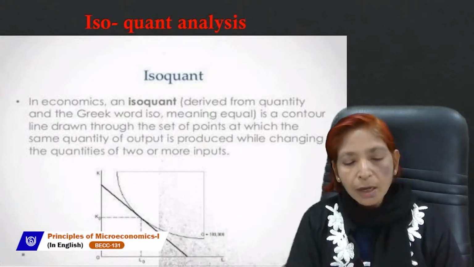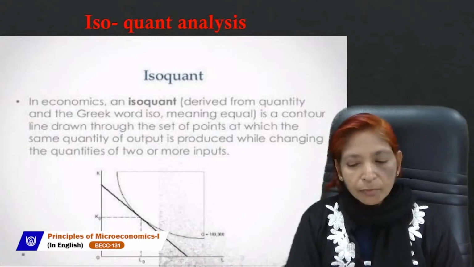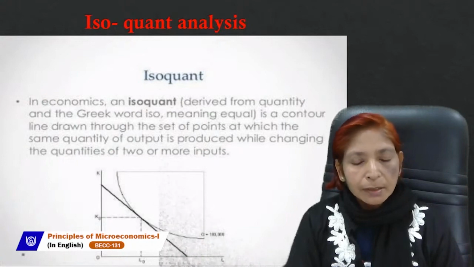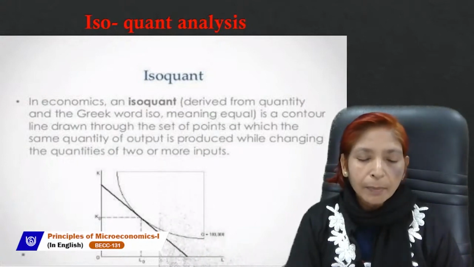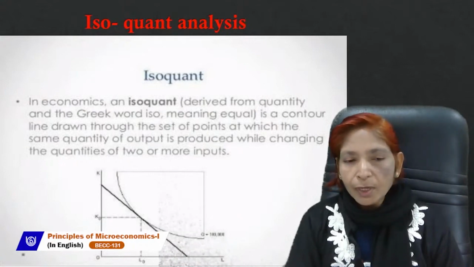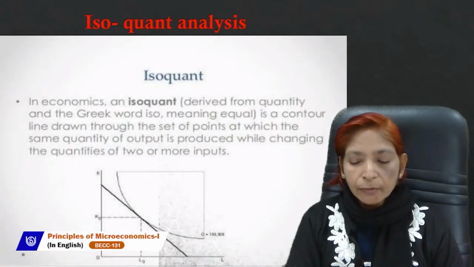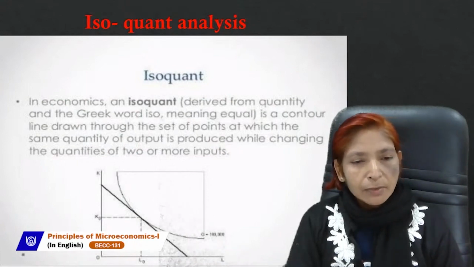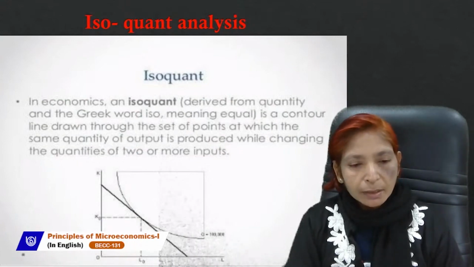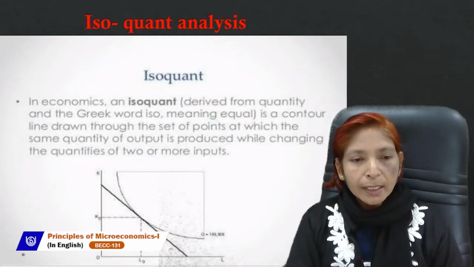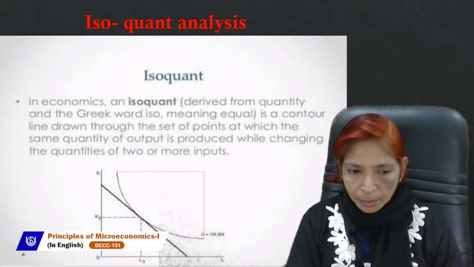Isoquant curve is a downward sloping curve always, which is convex to the origin, and on x-axis we always take labor and on y-axis we always take capital. And when we employ different combinations of labor and capital, and if we join all these points, then we get isoquant curve, which represents that as we increase the units of labor, we will decrease the units of capital because we want to get same level of output.